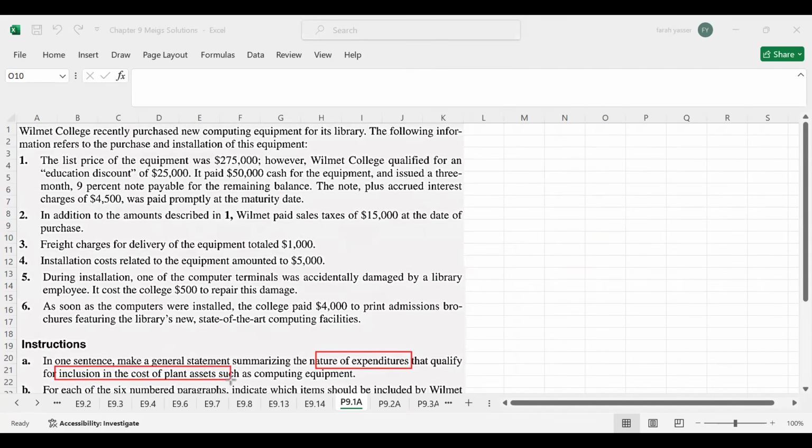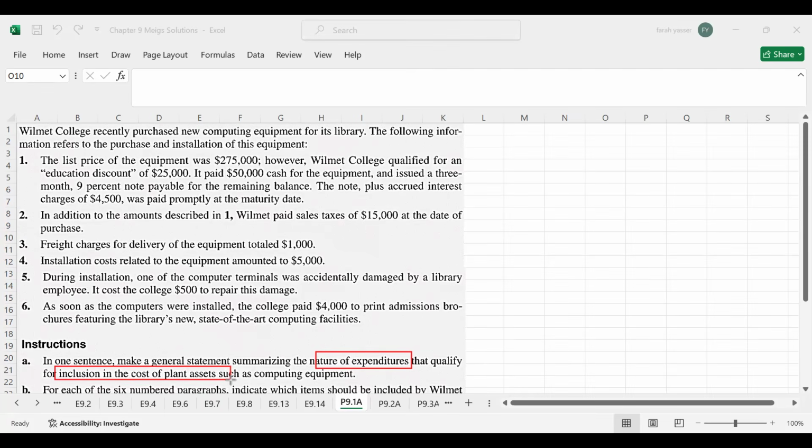So, at the start of the lecture, we have just discussed the difference between capital expenditure and revenue expenditure. And we have also discussed one more thing, that any reasonable and necessary expenditures in acquiring the asset and placing it in a position and condition for use.